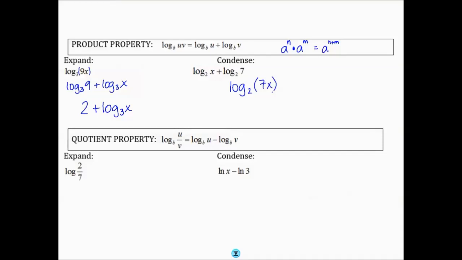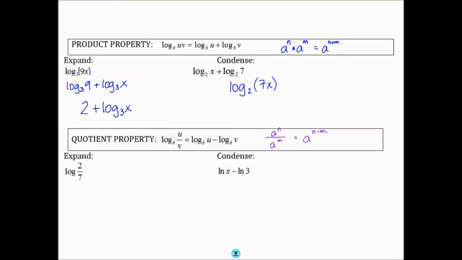The next property is the quotient property. So hopefully you remember from Algebra 1 that when you have a to the n divided by a to the m, you subtract the exponents and get a to the n minus m. So again, the logarithm properties are related to the properties of exponents.